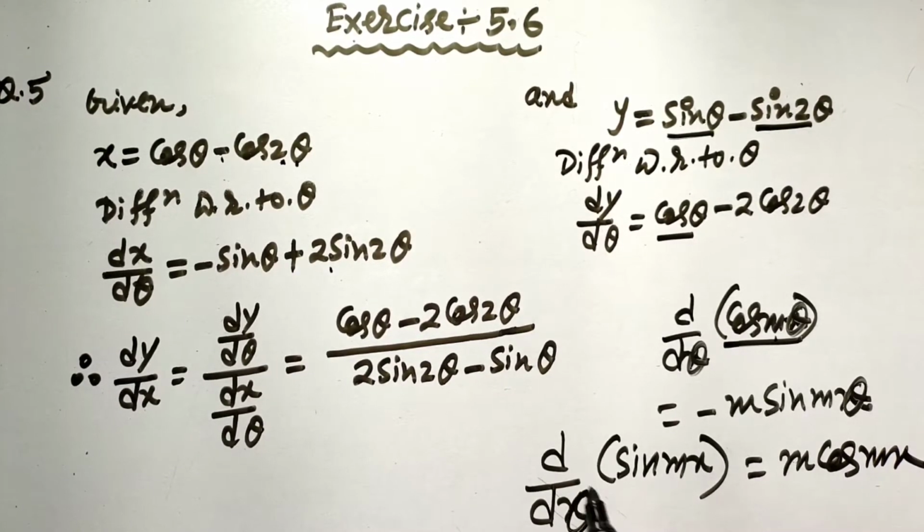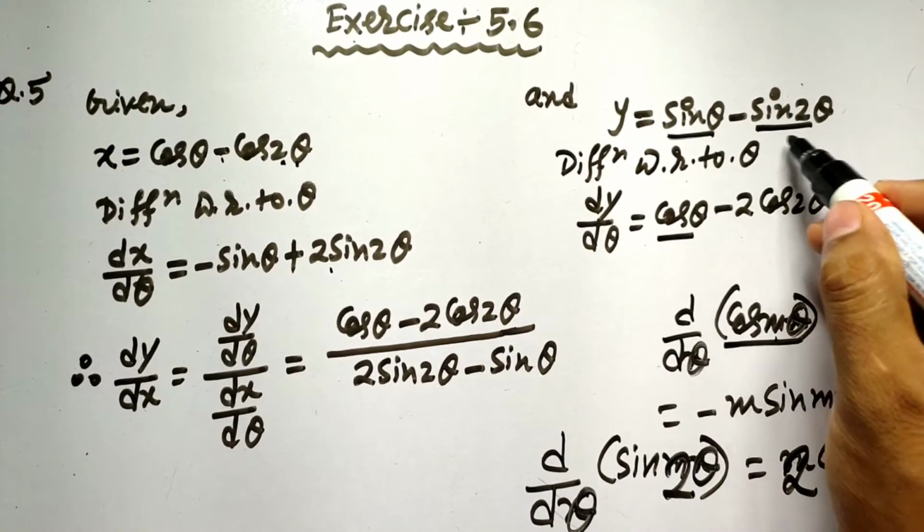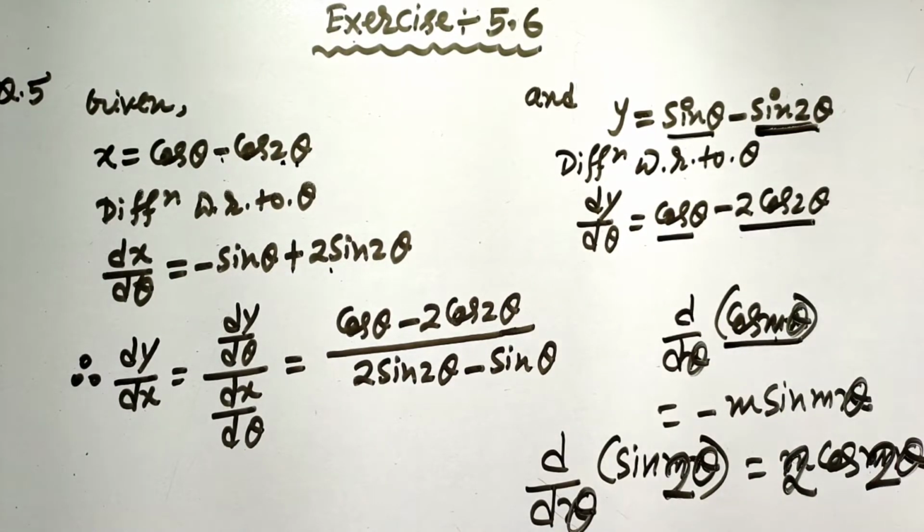So if you take theta here, the derivative of sin m theta with respect to theta is m cos m theta. So similarly the derivative of sin 2 theta is 2 cos 2 theta. I have written here that the derivative of sin 2 theta is 2 cos 2 theta.